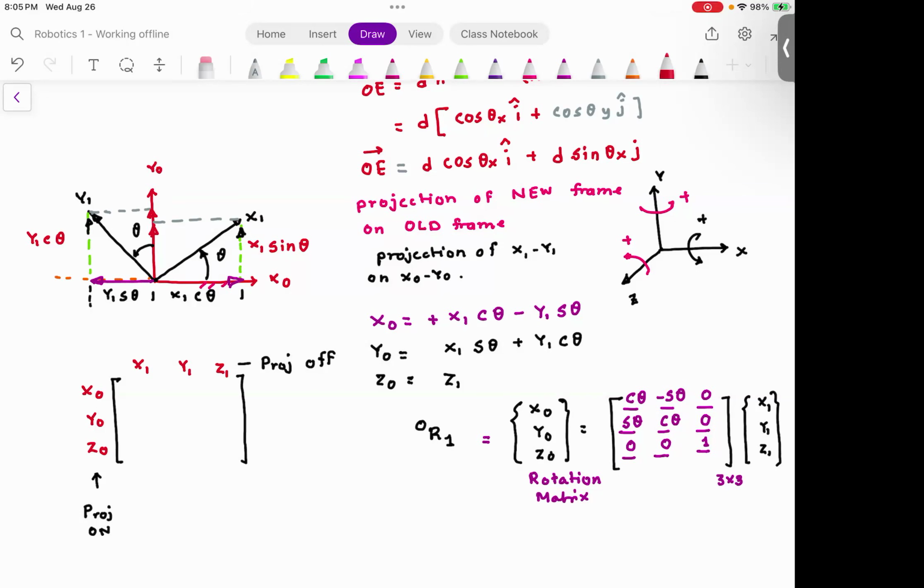Which is nothing but cosine theta. You agree with me? Can you see that the projection is cosine theta? So you have cosine theta. What is the projection of X1 onto Y0?